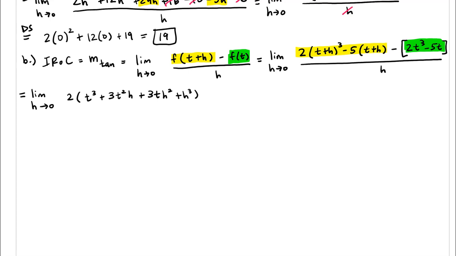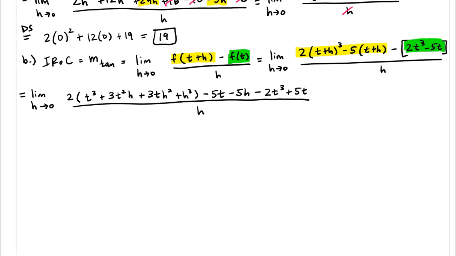All right, so I went ahead and skipped a little bit, but I expanded t plus h quantity cubed using Pascal's triangle. Again, you can use whatever method you'd like. I'm going to distribute in the minus 5 now. And I'm also going to distribute in the negative sign into my brackets. And this is all over h.